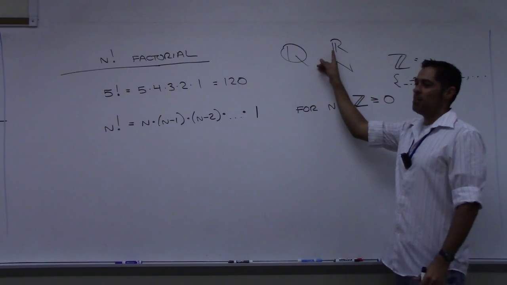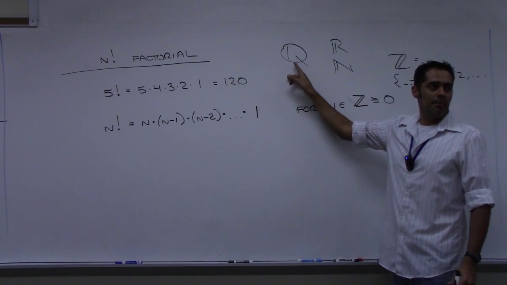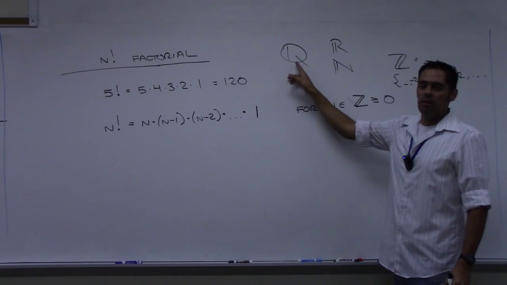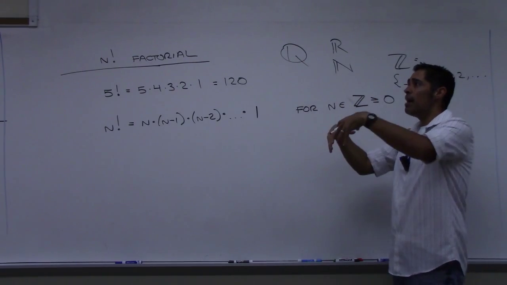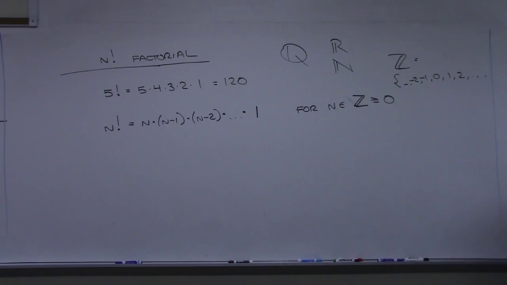Double struck Q is not double struck R, because there are things that are in R that are not in Q, like pi, like the square root of 2. So this is all the fractions. If you put the fractions and the irrational numbers together, you get R. What about what?